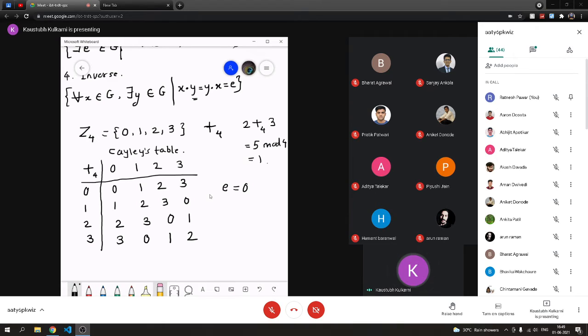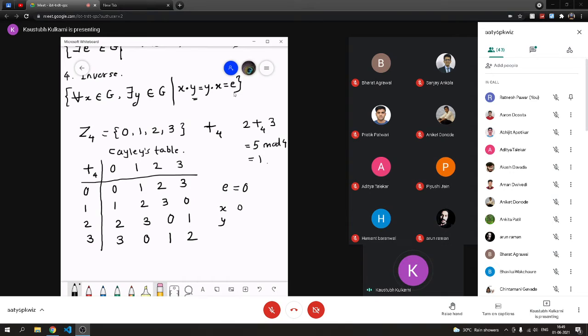And what about the inverse? So inverse, for each element you will have to find it separately. So you can form a table like this. So when x is 0, what do you mean by inverse? You see, it should give you the identity.